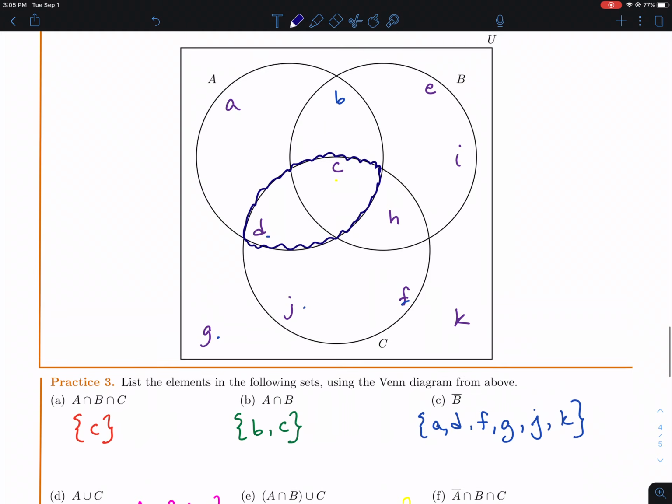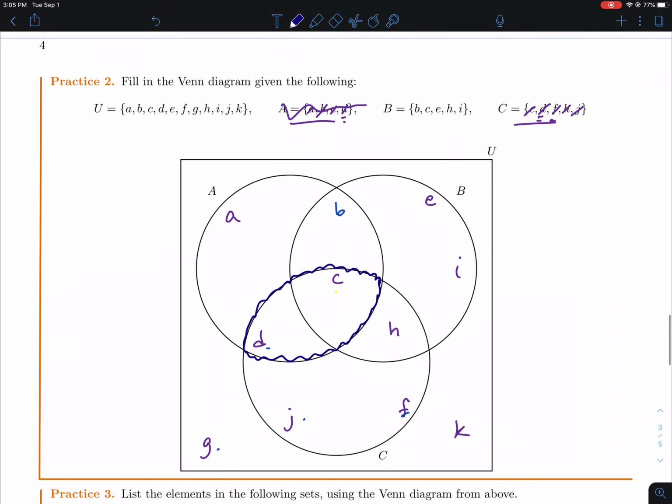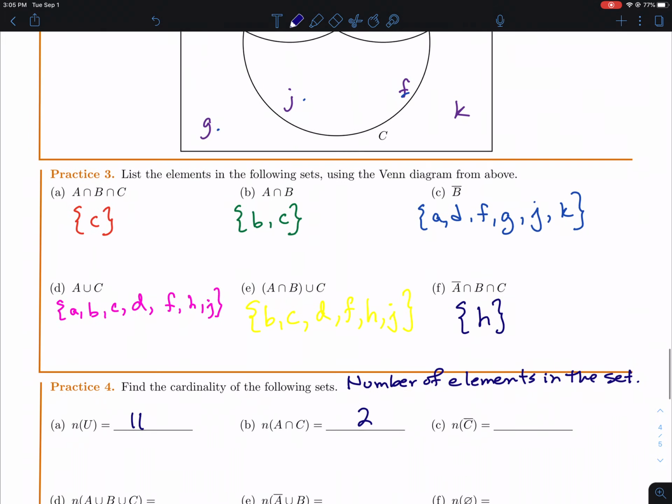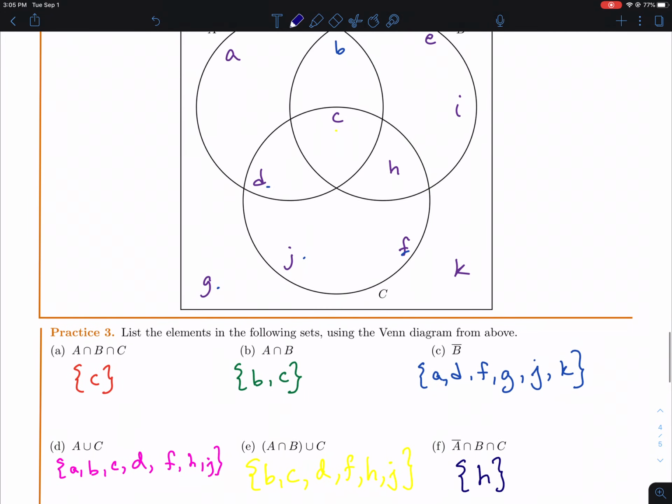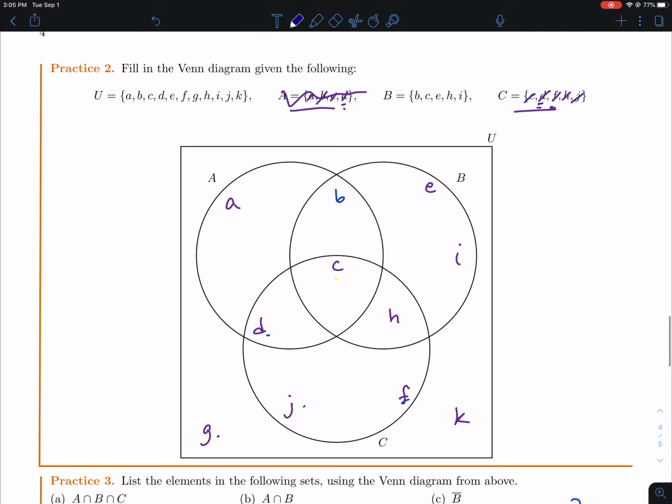All right. So now, let me erase this real quick. Now we want to know the number of elements in C complement. Again, we could work this backwards by using, instead of the drawing, this list. We notice that we've got 1, 2, 3, 4, 5 elements in C, but we have 11 elements total.